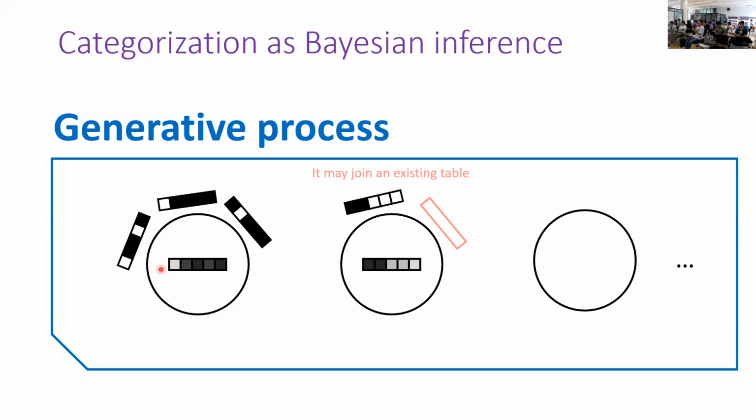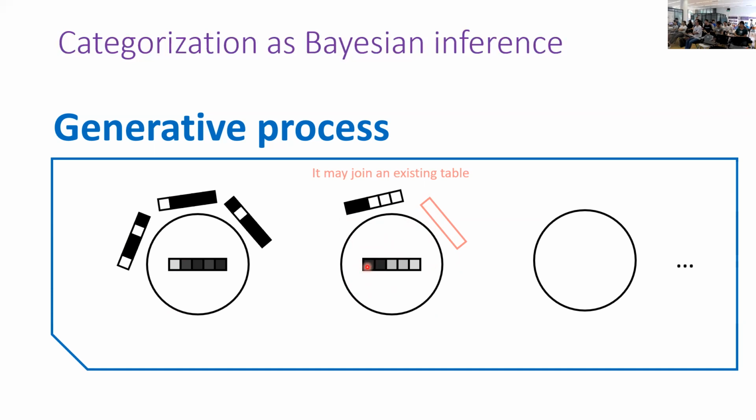Suppose there are some real values behind each table. Each stimulus generated from this table will be a sample from these real values. Say we are going to generate a stimulus from the second table.